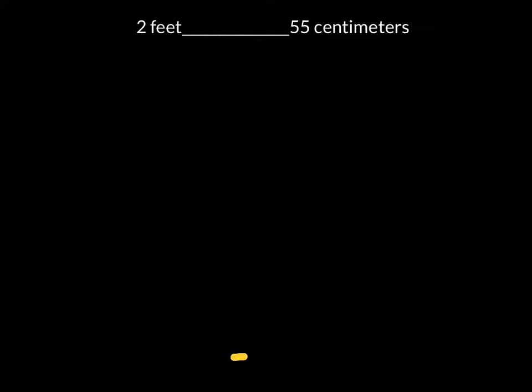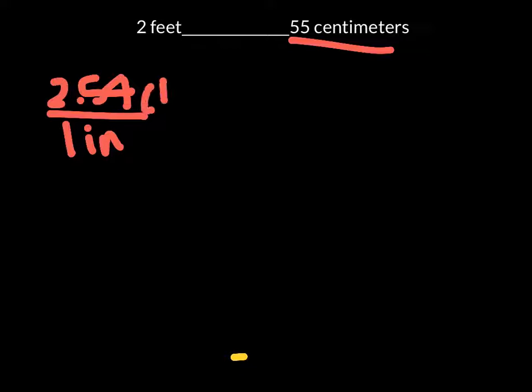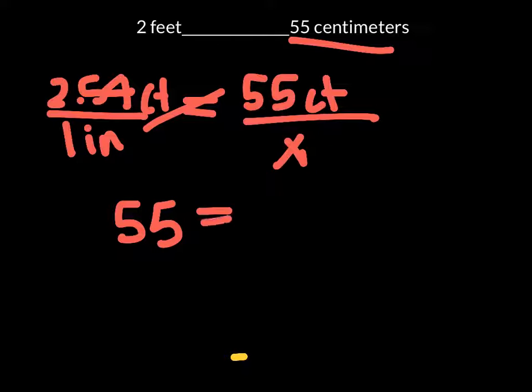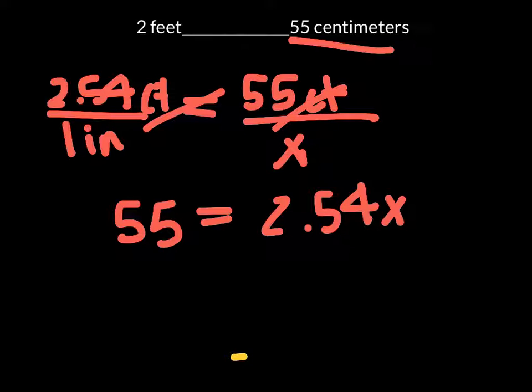Take a look at this one and see if you can do it on your own. When you're ready to check, pause the video. Okay, so we're going to convert centimeters into inches. We're going to do it with the proportion way. That will be 2.54 centimeters over 1 inch equals 55 centimeters over x. Cross multiply: 55 is equal to 2.54x.